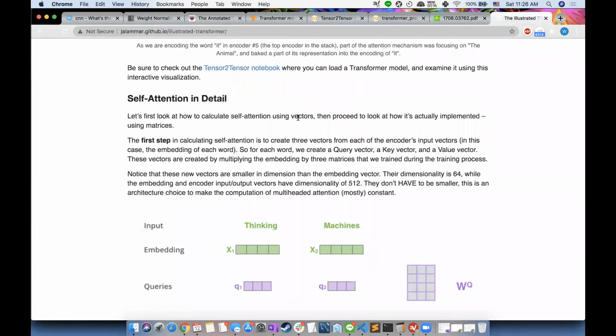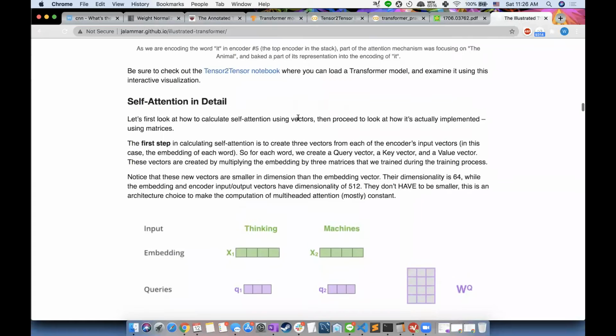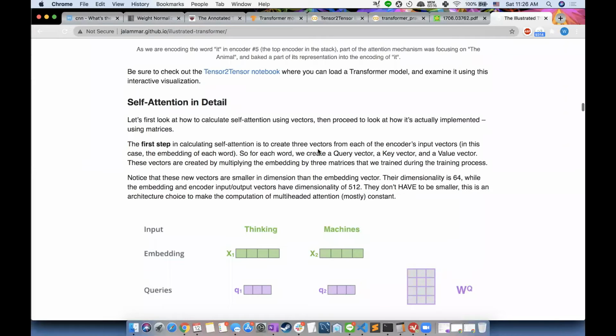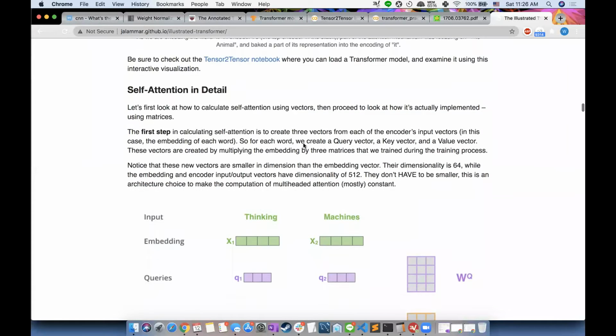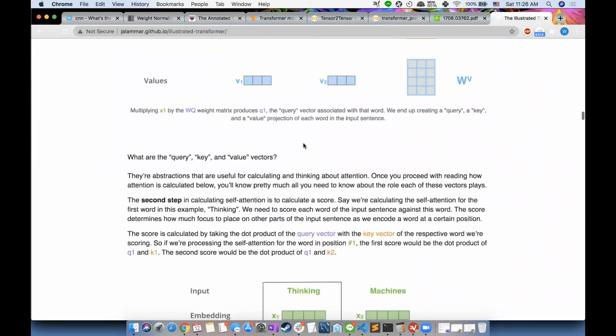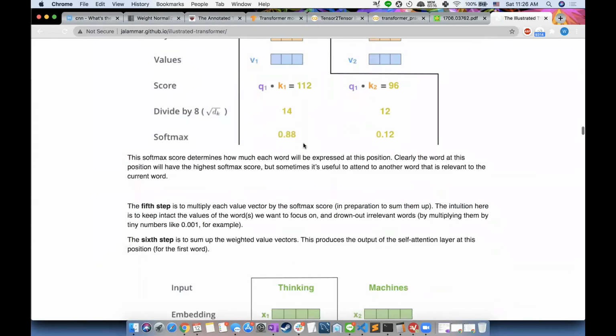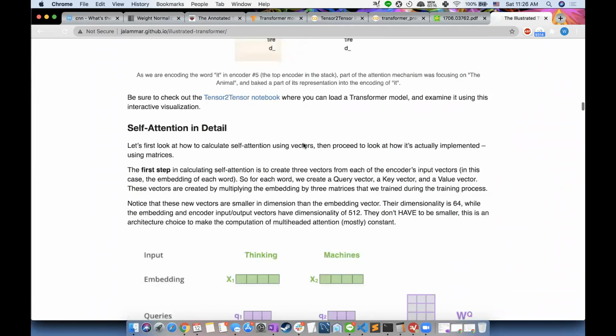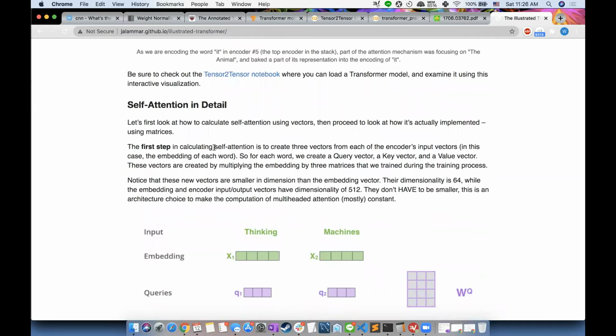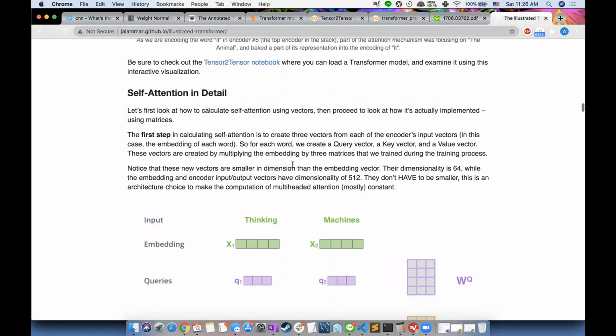Now we're going to go through in a little more detail how self-attention is calculated in a visualized way. And we'll go through some mathematics after that.